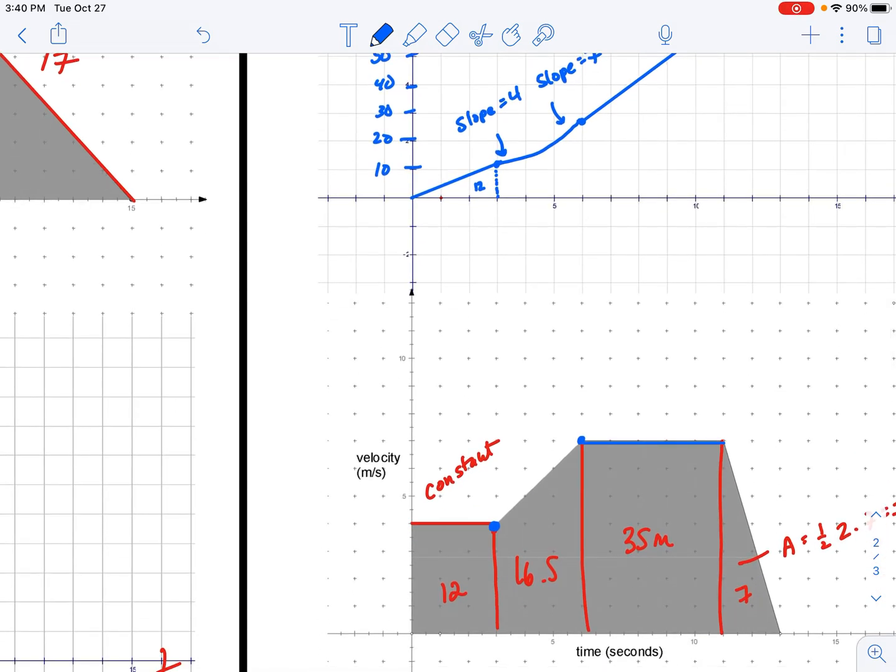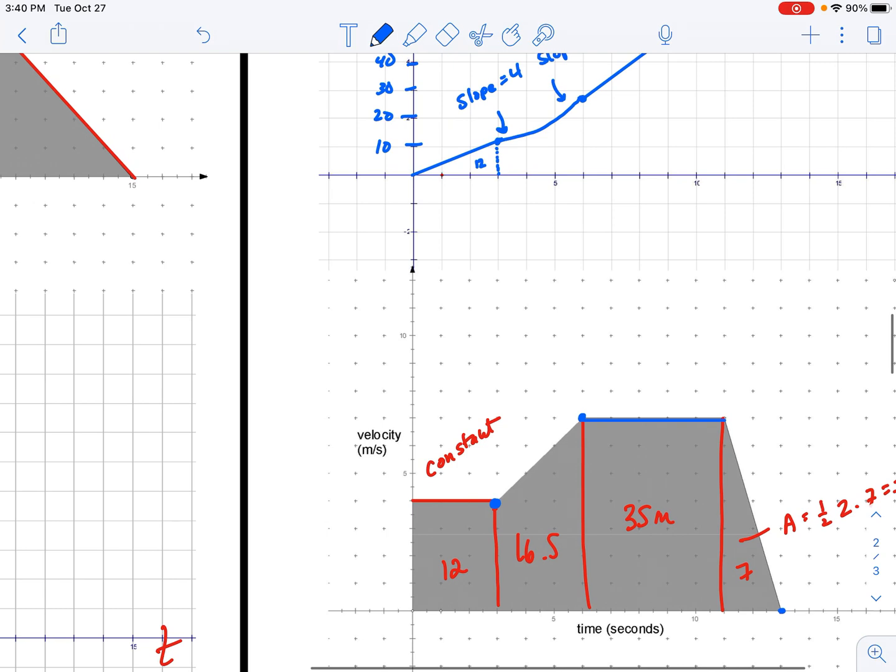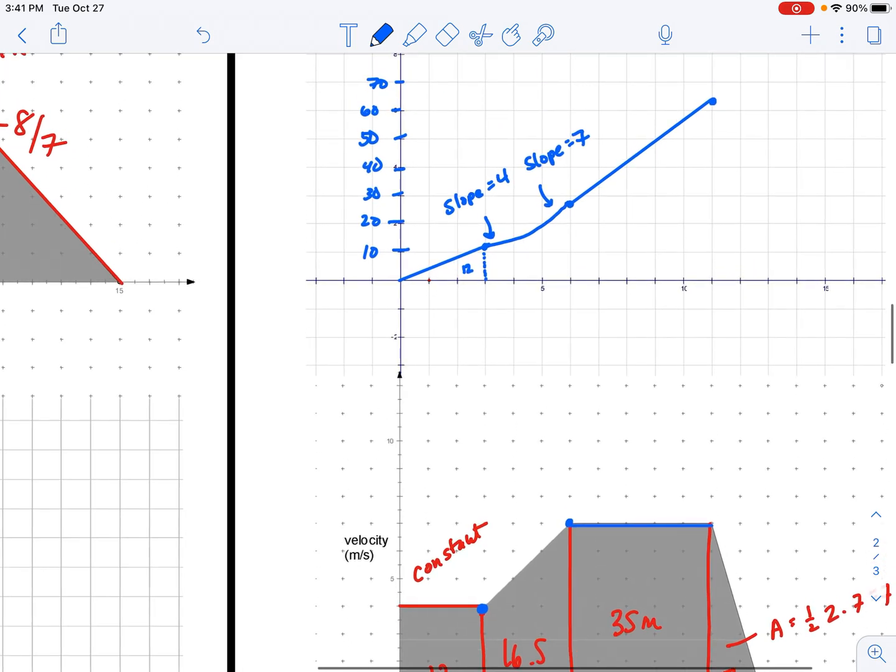And then finally, the velocity goes to 0 in 2 seconds. And as it does that, it covers 7 meters. So we're going to wind up at 70.5. But the slope needs to curve to 0.